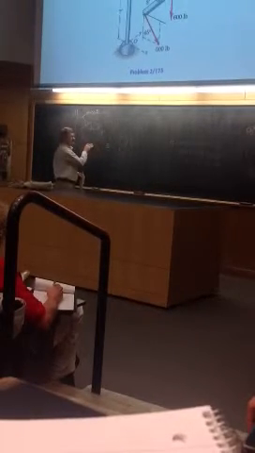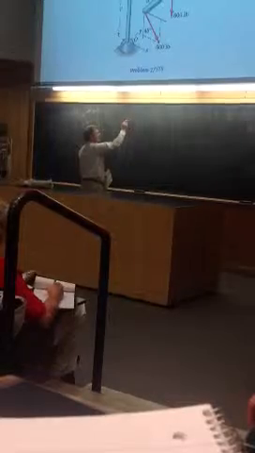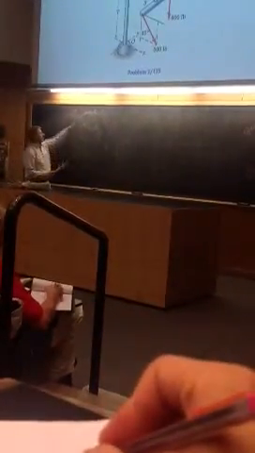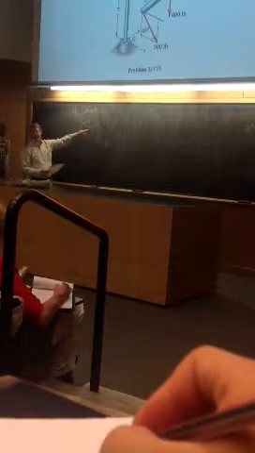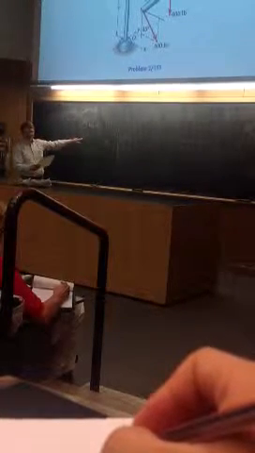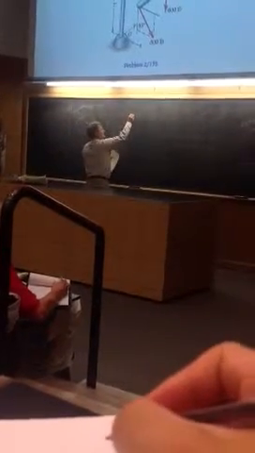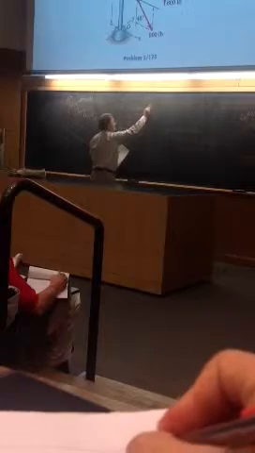If these are truly equivalent, then the sum of forces in the x direction has to be the same on both pictures. The 400 has no x component. The 600 has no x component. The only force that has an x component is this 500, and its component is going to be 500 times the sine of 45 degrees.